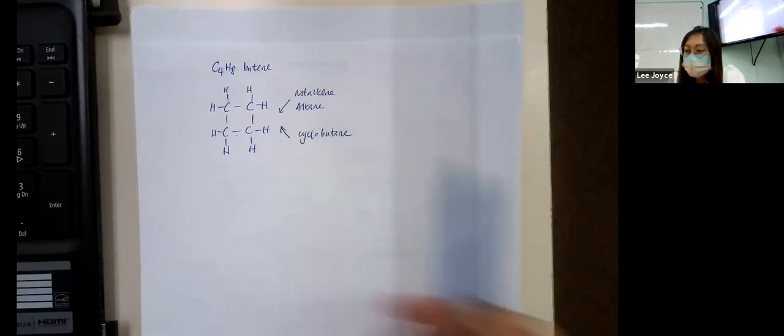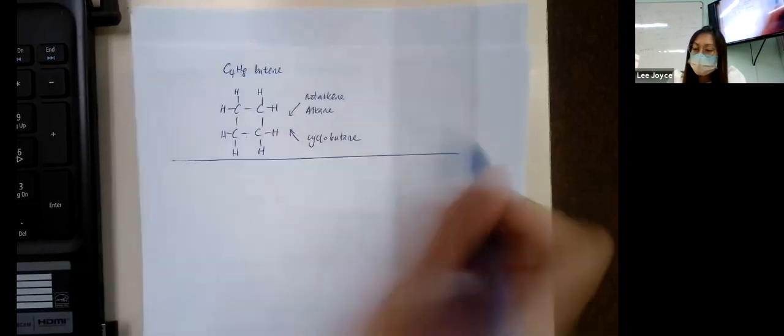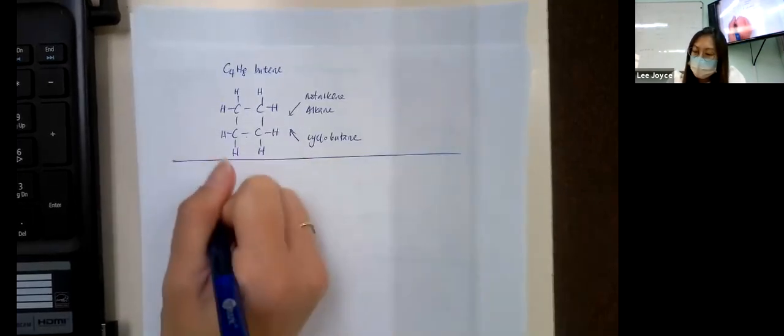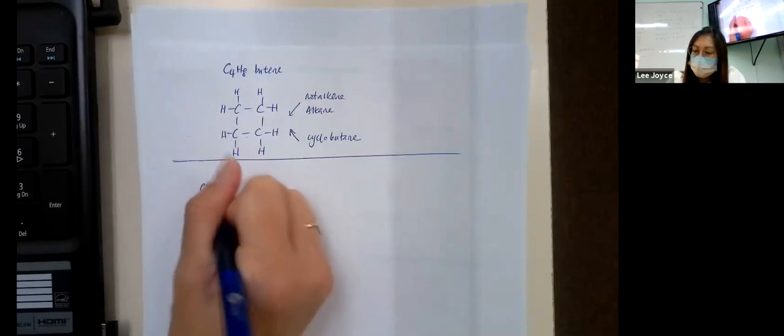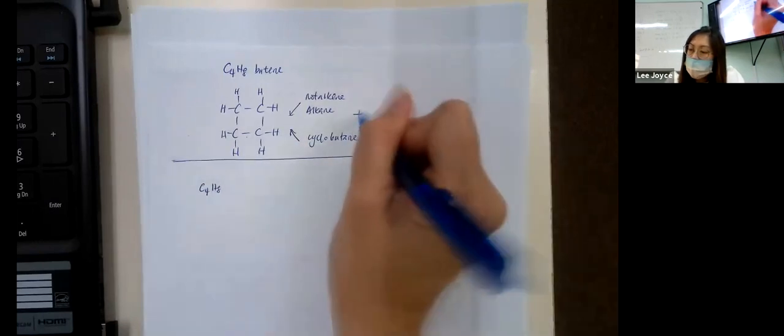Okay? Alright, so since now we have talked about the cyclic structure, let's see if I have the cyclobutane, C4H8, as what I've drawn here, and I react it with chlorine. It will undergo the substitution reaction because this is an alkane. So what does it do?